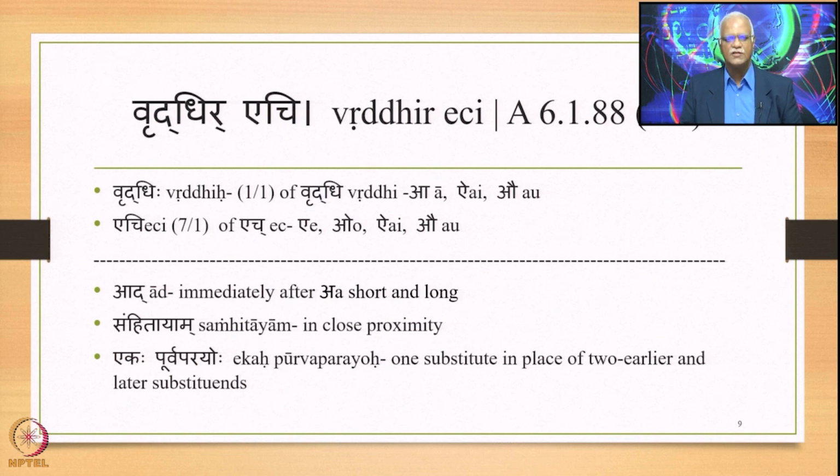So Vriddhi stands for the 3 sounds A, I and Au. This is what is Vriddhi. Echi is 7/1 of Ech. Ech is a pratyahara. We have already studied how to form pratyaharas. Now Ech consists of 4 sounds E, O and Ai, Au.